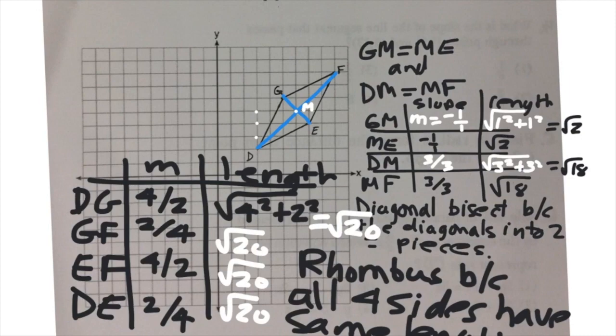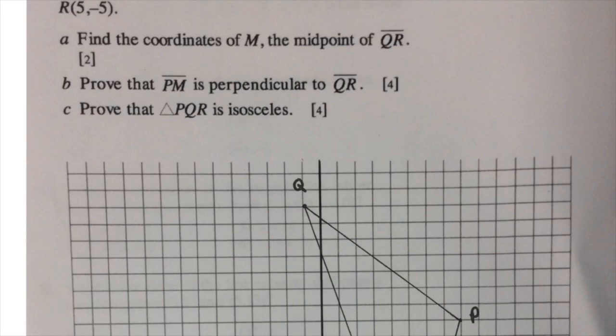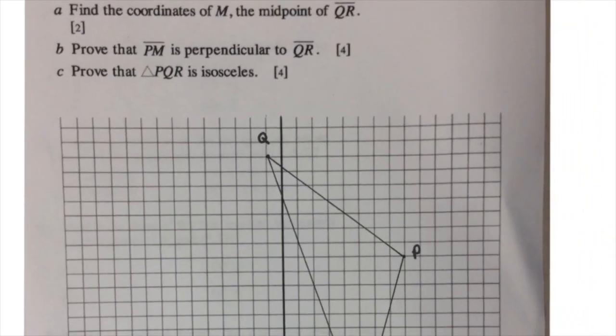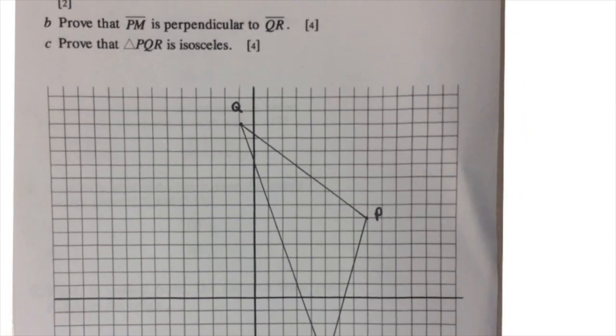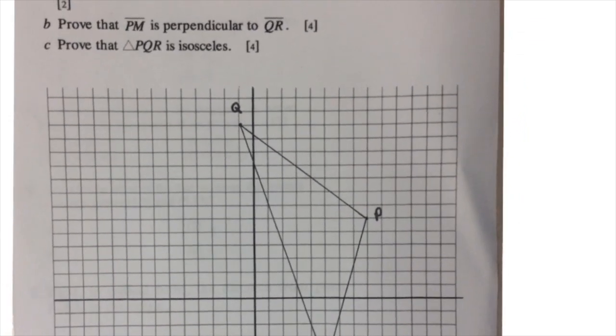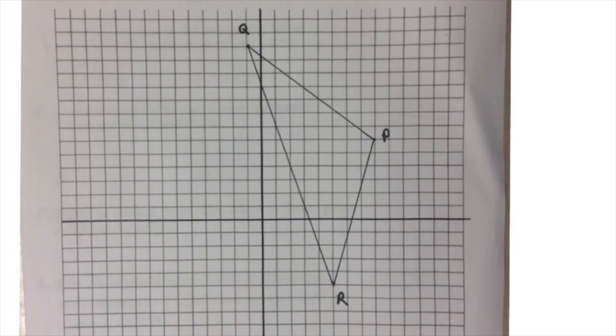Okay, next page, last page. Question 9. Find the coordinates of point M, which is the midpoint of QR. It says to prove that PM is perpendicular to QR, and then prove that the triangle is isosceles. All right. So find the coordinates of point M, which is the midpoint of QR. So I need to find what's halfway between Q and R. Well, I can count up the slope.